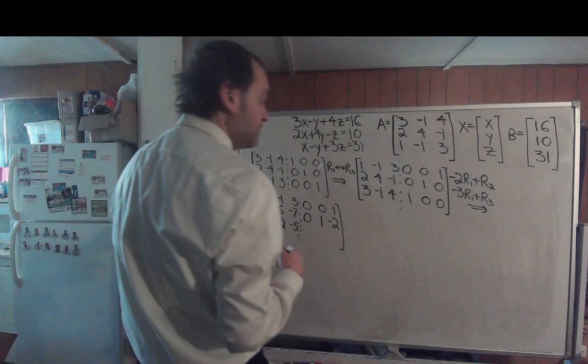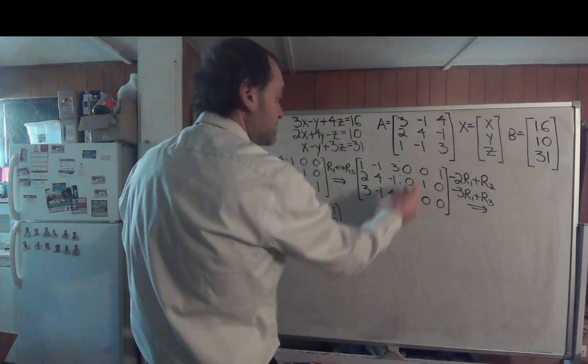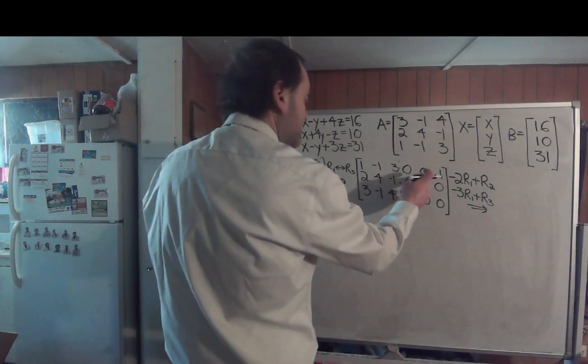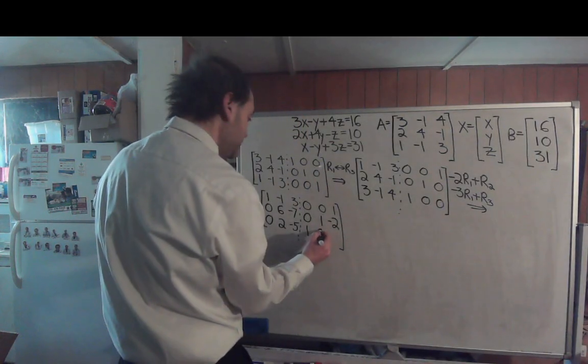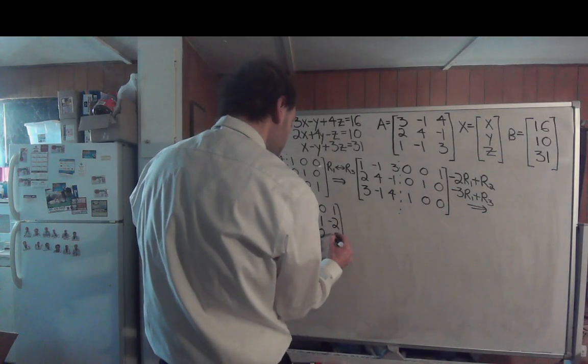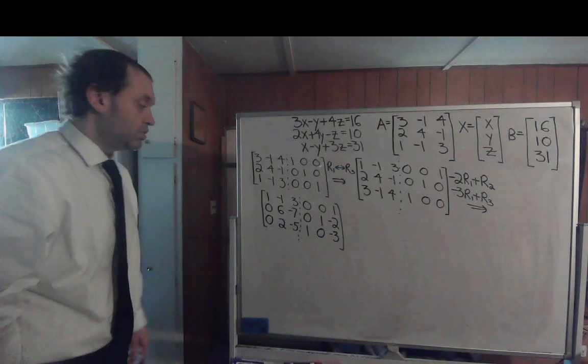And then we have -3 times 0 is 0, plus 1 is still 1. -3 times 0 is 0, plus 0 is 0. -3 times 1 is -3, plus 0 is -3. So we've accomplished one goal.